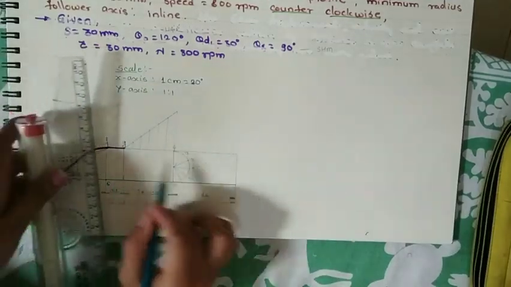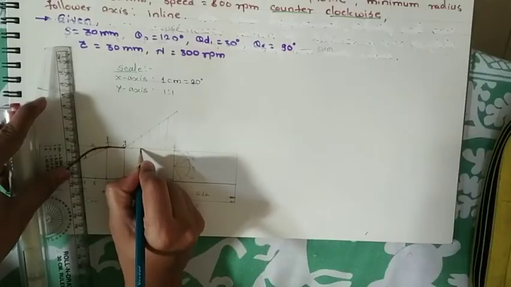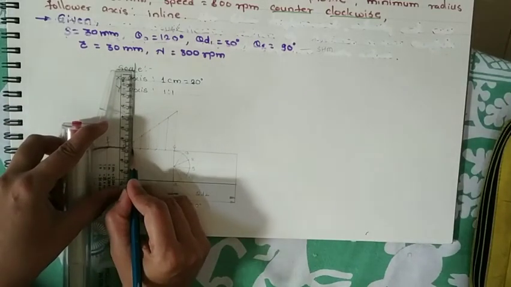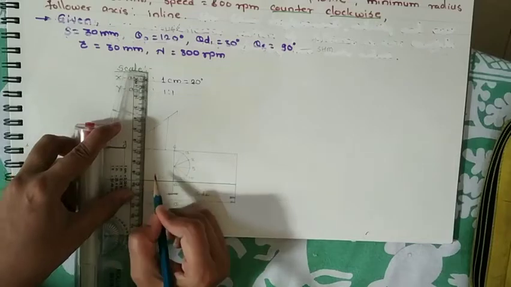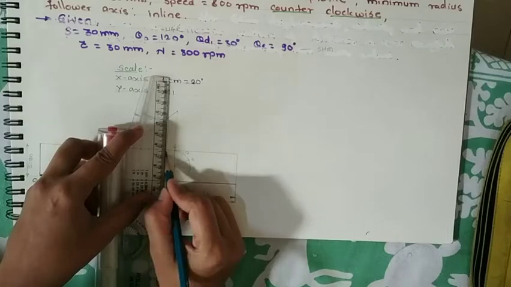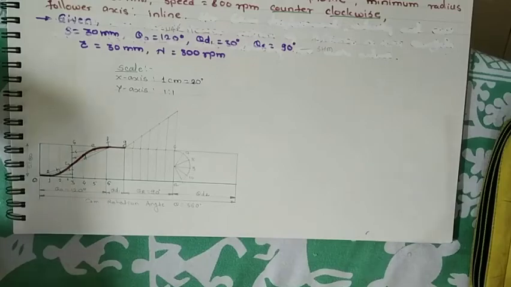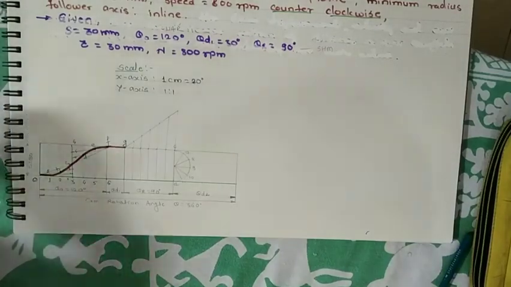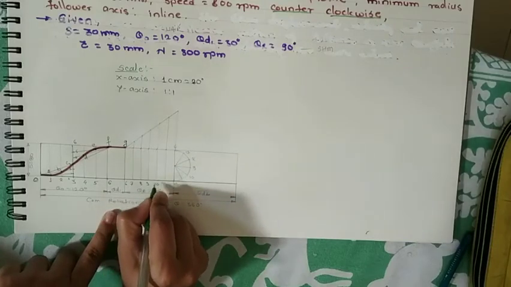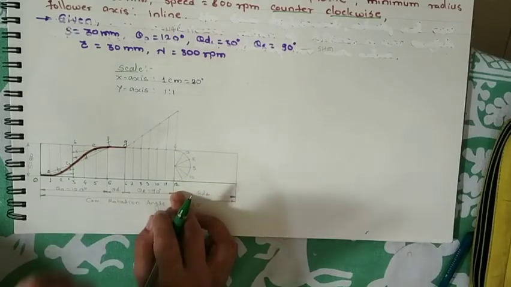As we have drawn the parallel lines, now you will get the division points on your return stroke. Now draw the vertical lines from these division points. So here we get the equal divisions on the return stroke, and that is 6 in number. Again, let's give the numbers 6, 7, 8, 9, 10, 11, and the last point is 12 as we marked previously.